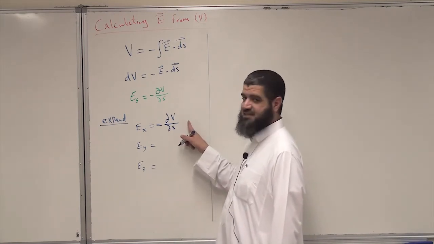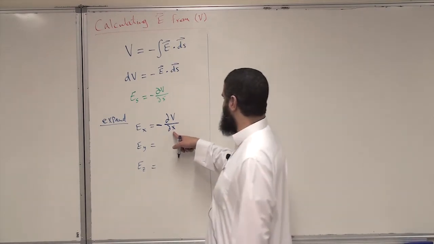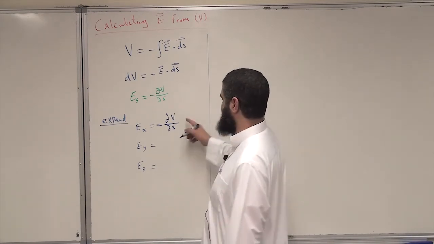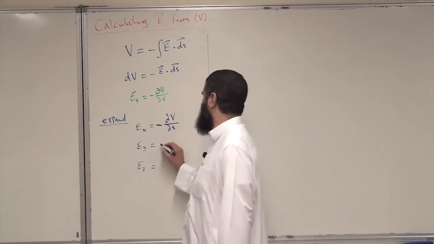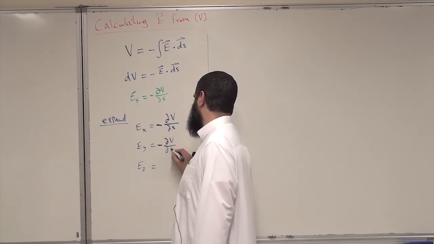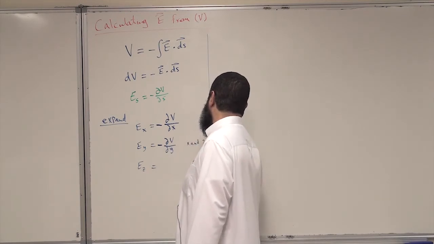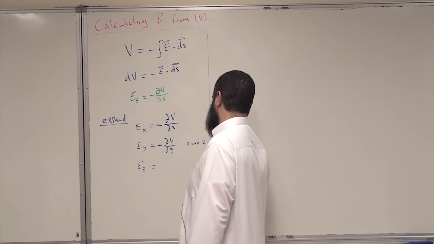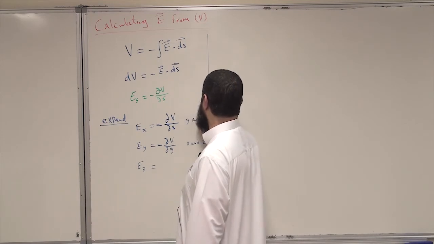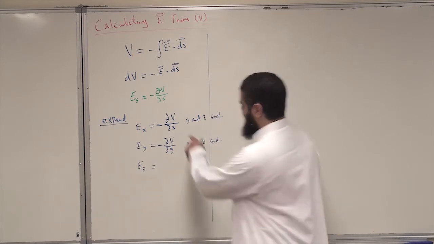What do you mean by this partial derivative? It means we will consider that x is the variable, and y and z will be considered constant. The y component of the electric field will be minus partial V partial y, with x and z considered constant when you take the derivative.